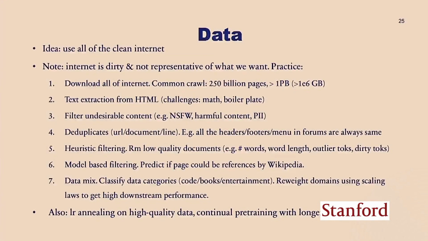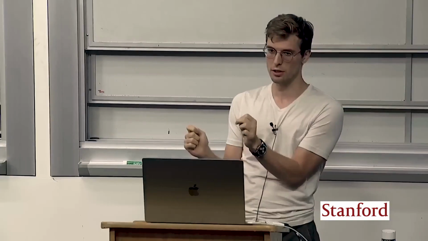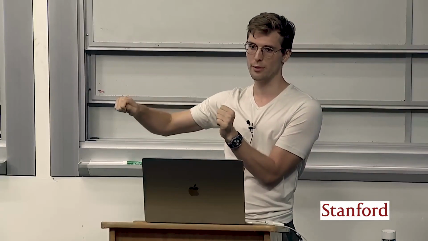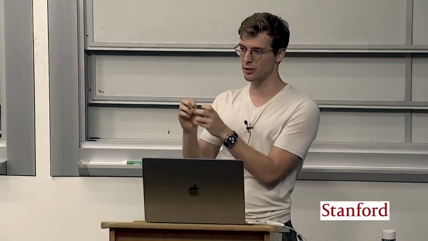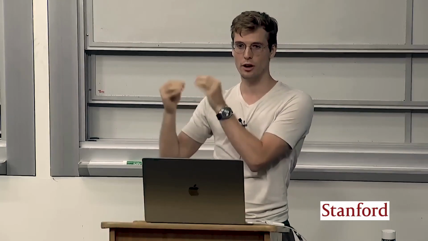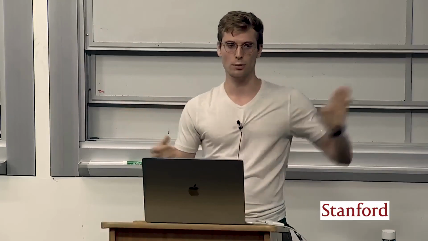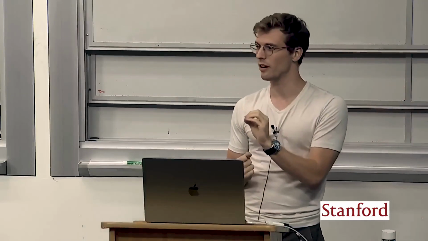And then, after training on all of this data that we saw, at the end of training your large language model you usually train on very high quality data, where you decrease your learning rate. That basically means that you're overfitting your model on very high quality data. So usually what you do there is Wikipedia: you basically overfit on Wikipedia and on human data that was collected.